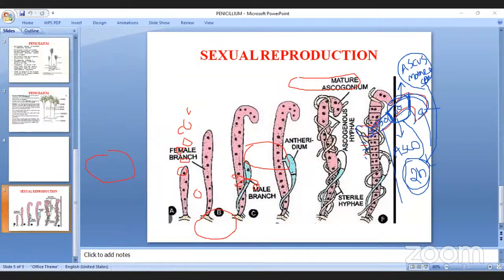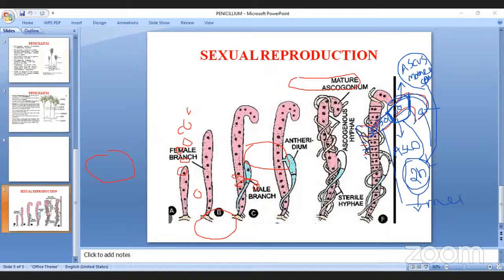Before fusion, that is called the penultimate cell. After fusion, now this is called the ascus mother cell. Right? Next, this ascus mother cell undergoes meiotic division.